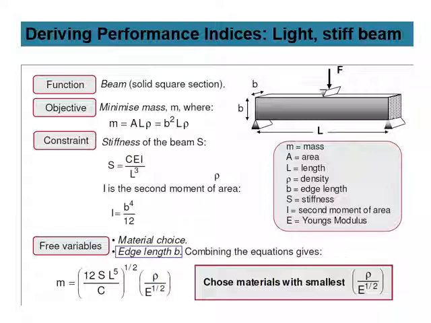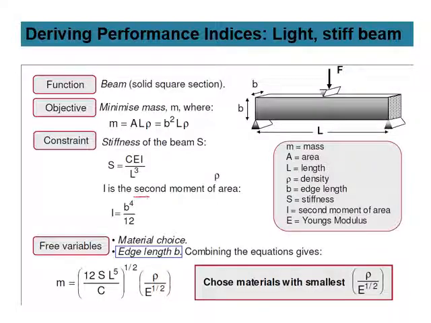I think you already know in the flexure strength. So stiffness in case for this beam, which is S is equivalent to C times E times I. I is the moment of inertia, second moment of inertia, moment of area, divided by length power of 3.